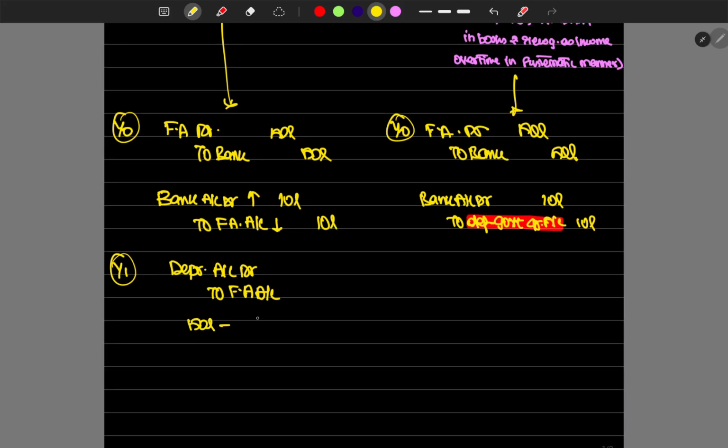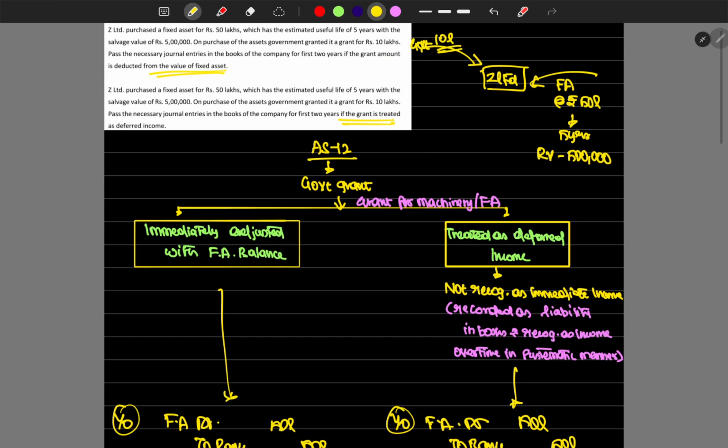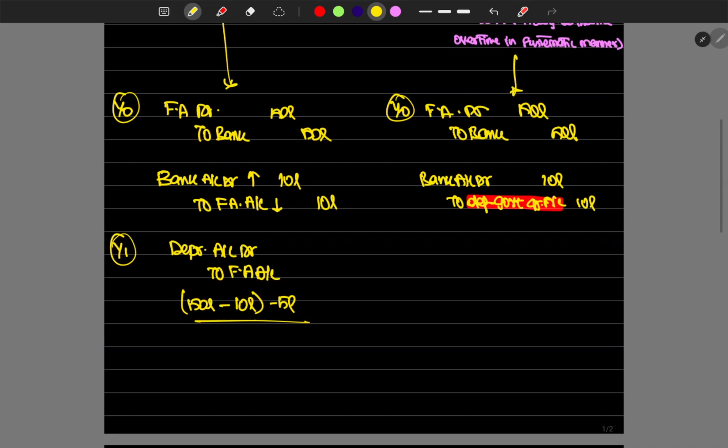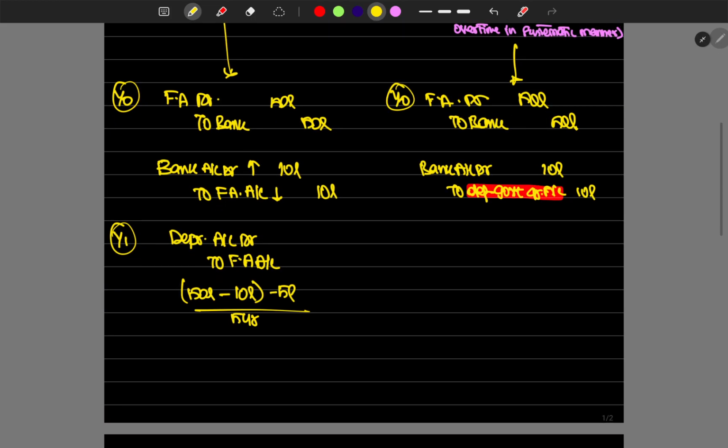So 50 lakh is the purchase price, minus 10 lakh is the grant, minus residual value 5 lakhs, divided by 5 years. 50 minus 10 minus 5 divided by 5 is 7 lakhs.